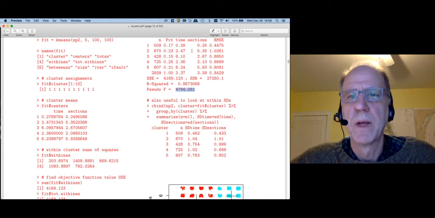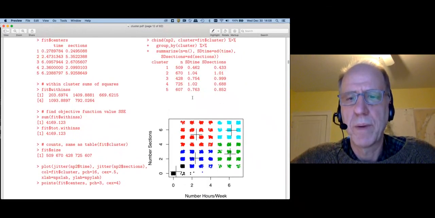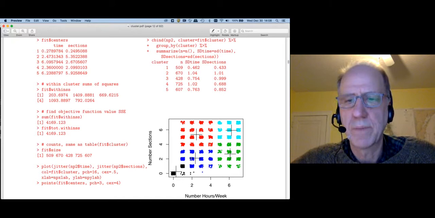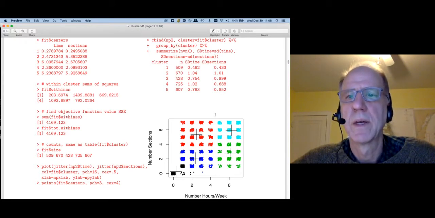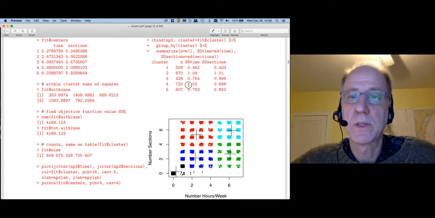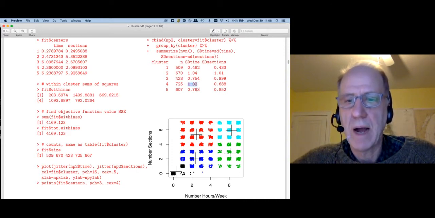So for example, let's go back to cluster 4. Cluster 4, remember, is this dark blue one. We'd expect the standard deviation of hours to be a bit greater than the standard deviation of sections. And we see that's the case. So for the standard deviation for hours or time, there's more variance in this direction than there is vertical variance.